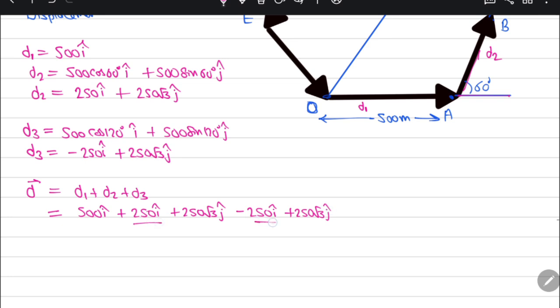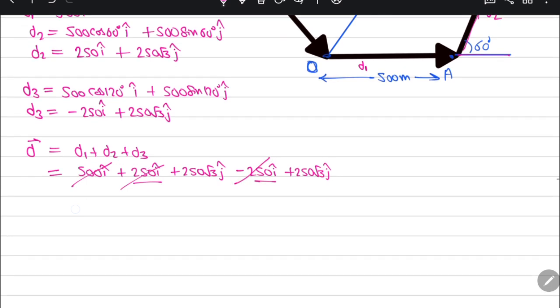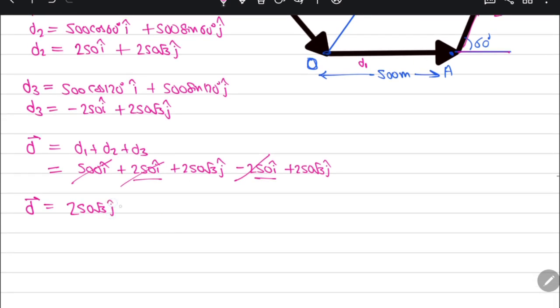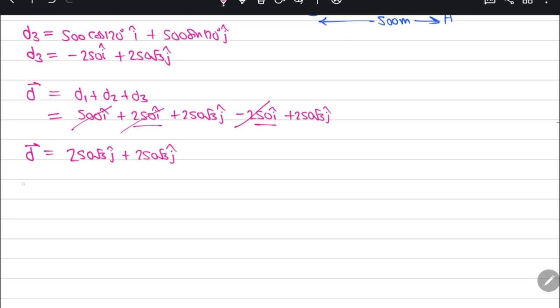The 250s cancel, so the displacement left is 250 root 3 j cap plus 250 root 3 j cap, which adds to 500 root 3 j cap.